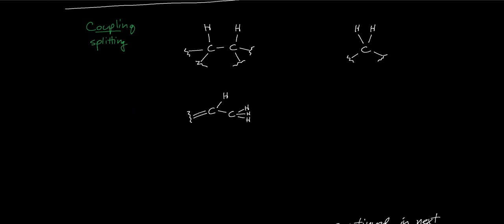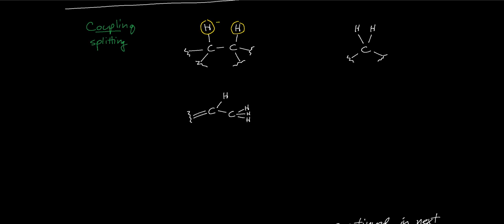Coupling and splitting, the last phenomenon to study for interpretation. Coupling is the phenomenon, splitting is what you see in the spectrum. The most common incidence of coupling is when you have a setup like this, where you have a hydrogen here, for example, and a hydrogen here on the neighboring carbon.